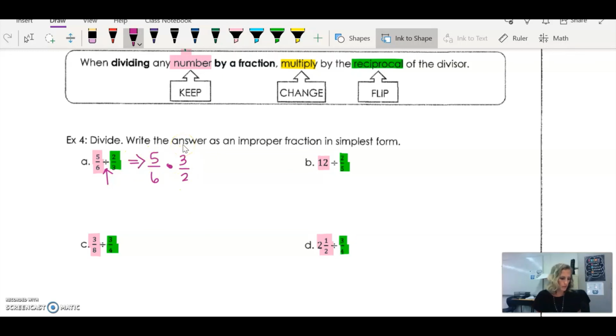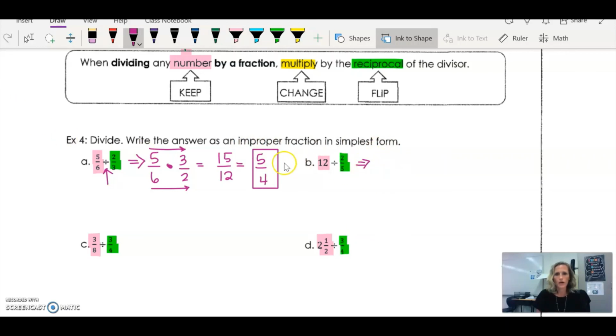So we've rewritten our problem as 5/6 times 3/2. Now we can just multiply straight across the top and straight across the bottom. 5 times 3 is 15, and 6 times 2 is 12. And then we can simplify, dividing both the numerator and denominator by 3, which will give us 5/4. And we've written our answer as an improper fraction in simplest form.